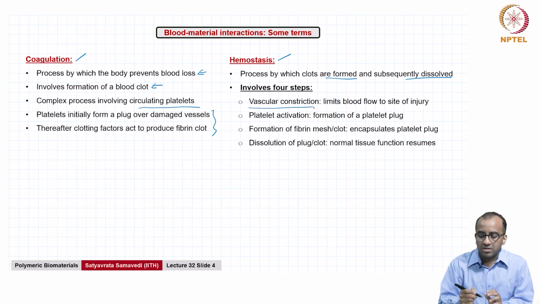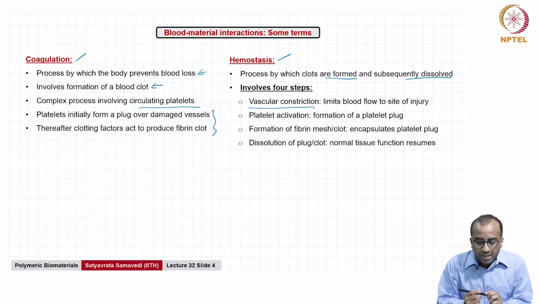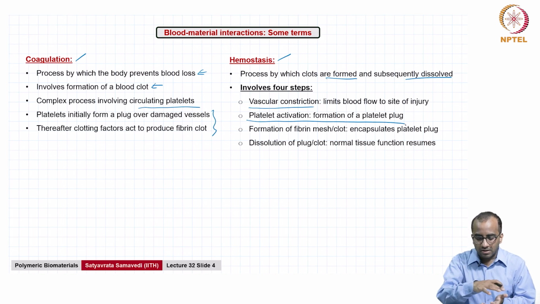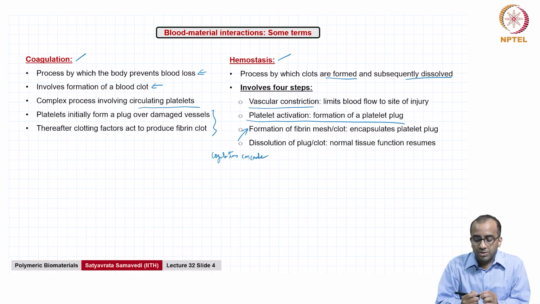First is the vascular constriction, as we saw on the previous slide, which limits the blood flow to the site of injury, followed by platelet activation, which leads to a platelet plug that covers the injured site. Then the coagulation cascade is initiated, which leads to the formation of a fibrin mesh or a clot which encapsulates the platelet plug, and eventually the plug or the fibrin clot has to dissolve for the normal tissue function to resume.